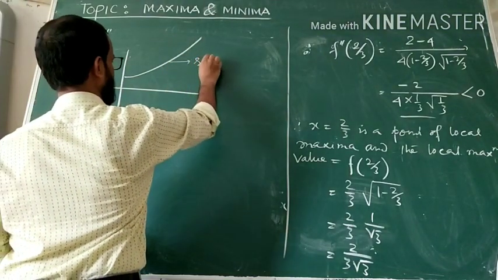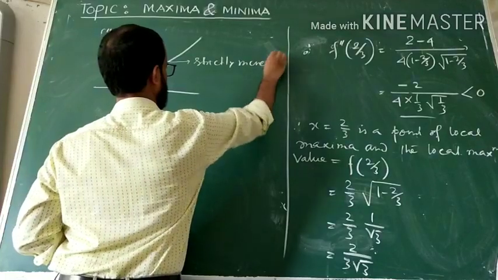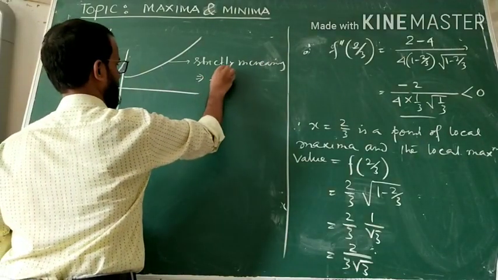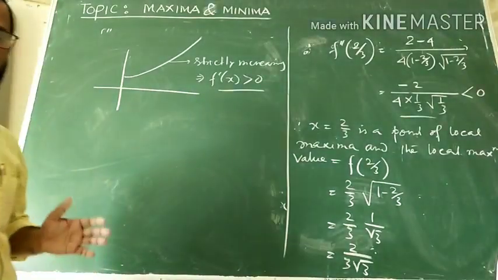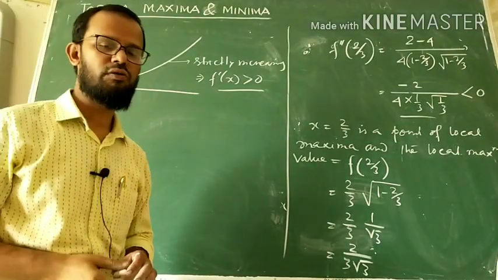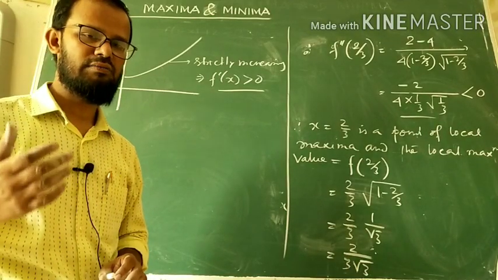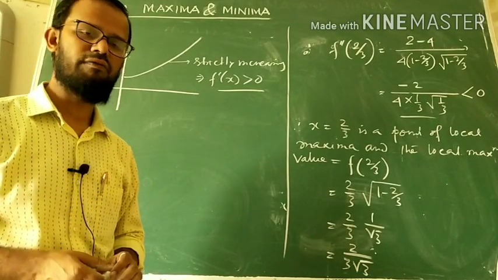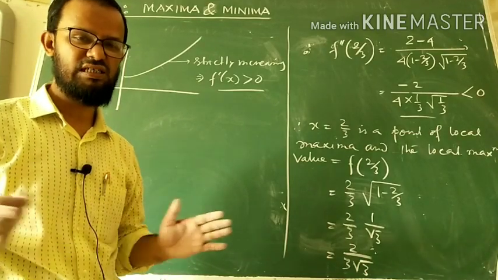It is strictly increasing. And for strictly increasing, f dash x is greater than 0. So if you get f dash x greater than 0 throughout its domain, there will be no chance of getting local maxima and local minima of a particular function in its domain.